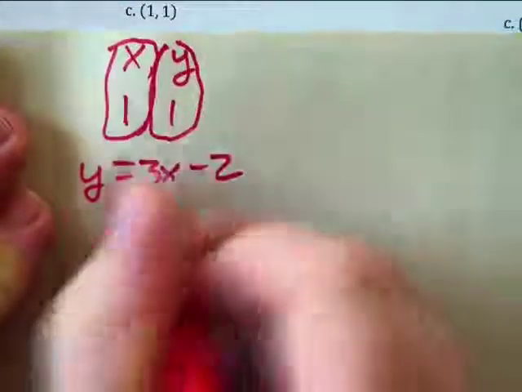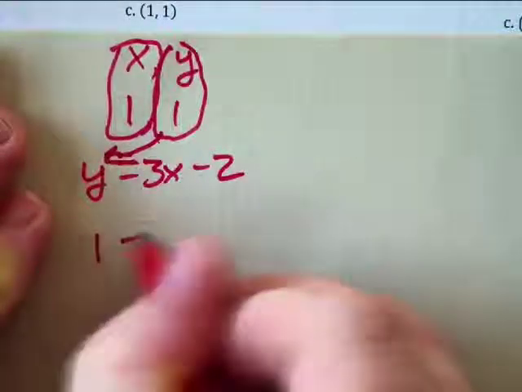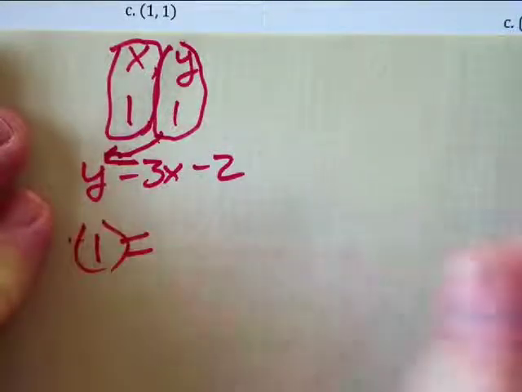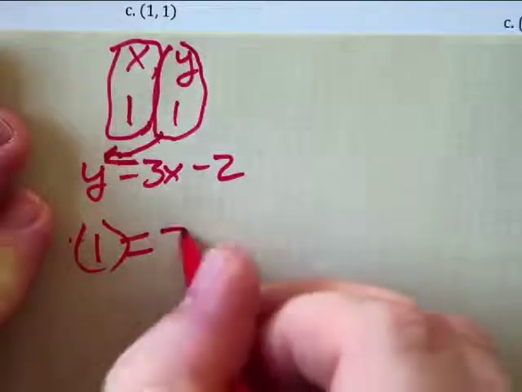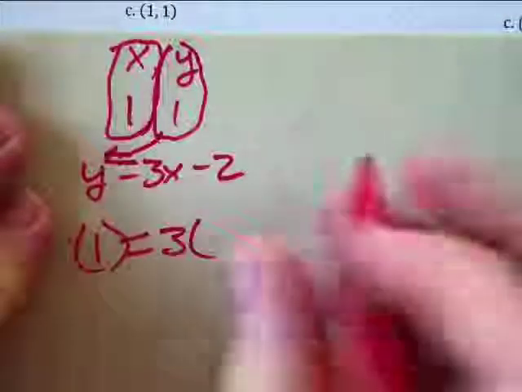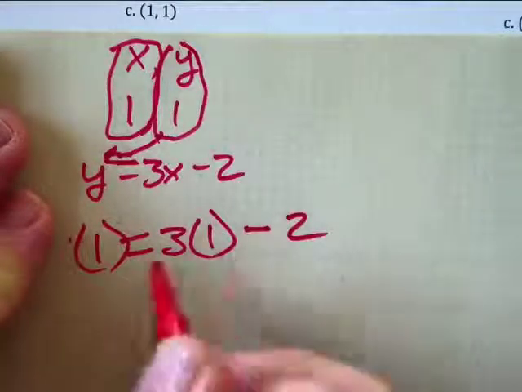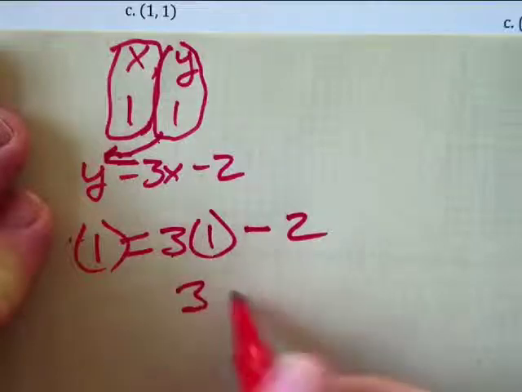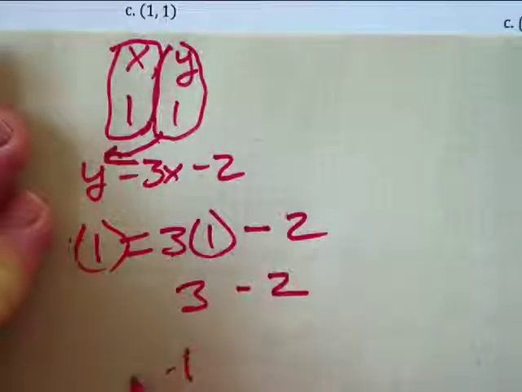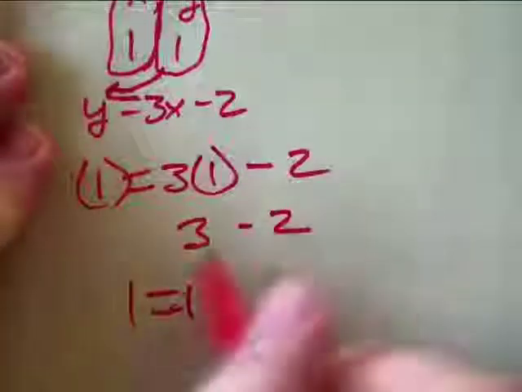And we're going to plug in 1 for the y. So we have 1 equals, and I plugged that in, so I'll just throw it in parentheses, 3 times x. Well, x is 1 minus 2. What is 3 times 1? That's 3. Minus 2 is 1. Does 1 equal 1? And the answer is yes, it does.